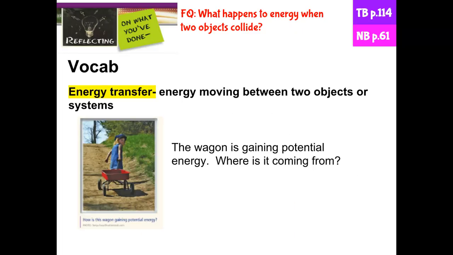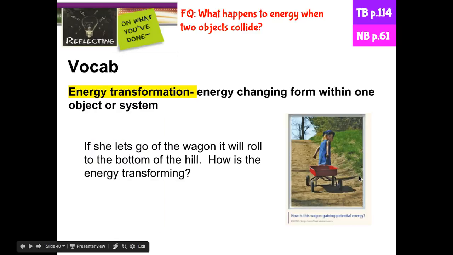Energy transfer is energy moving between two objects or systems. We have a little picture here of a kid pulling a wagon, and as the kid pulls the wagon, it's gaining potential energy, and it's coming from pulling that wagon up a hill. So the transfer of that energy is coming from gravity going into the system of the girl pulling the wagon. And then energy transformation is energy changing form within one system or another.